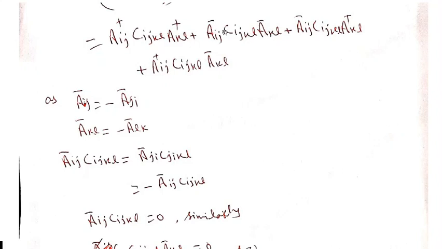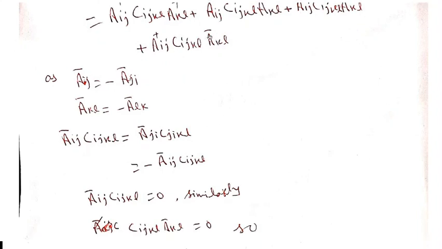This thing is equal to 0. It means this term is equal to 0. Well, let's see what happens with this. Similarly, this is also 0. You need to do similar steps as we have done here. Then you will have this product of 2 equals 0.